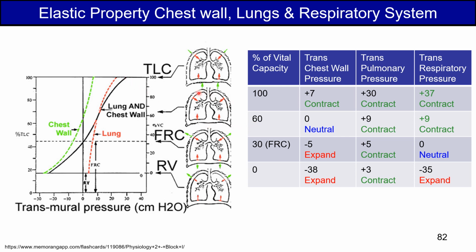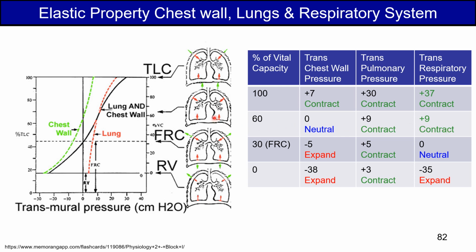Now, at 60% of the vital capacity, the trans-chest wall pressure is 0 and therefore it is neutral. The transpulmonary pressure is plus 9 and therefore it wants to contract. If you add 0 plus 9, it is equal to plus 9, and therefore the respiratory system elastic pressure is plus 9. It wants to contract.